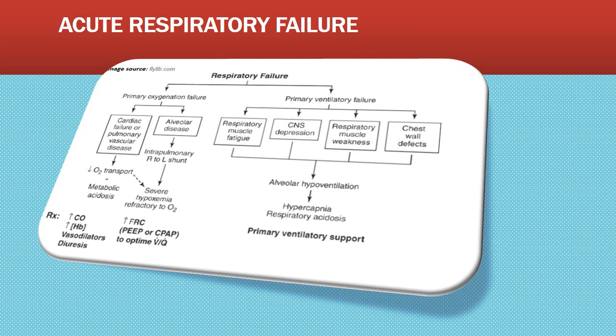Oxygen therapy is appropriate for any patient who has acute hypoxemia. Okay? Acute respiratory failure is classified by a PaO2 of less than 60, an arterial oxygen saturation of less than 90, or a PCO2 of greater than 50 occurring with a pH that's high.